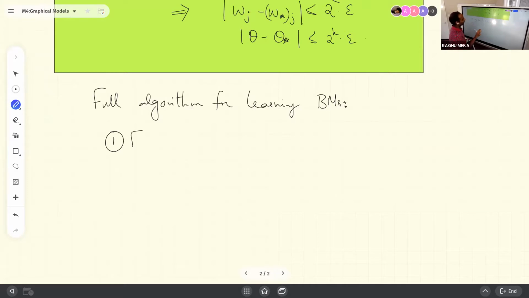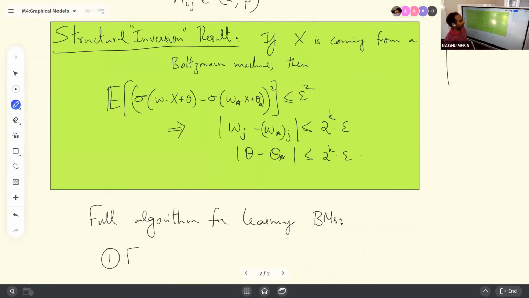What should the algorithm be? I want to learn the whole graph. I have these two ingredients. I have sparsitron, which can give me a GLM style guarantee with sample complexity O of k squared times log t over epsilon squared. And then I have this inversion result, which tells me that if I have epsilon close, my coefficients are 2 to the k times epsilon close. So to close the loop, what should I do? Any suggestions?